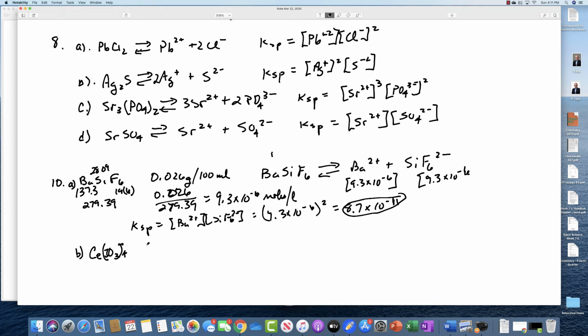And what that would do is break down to form Ce4+ and 4 IO3-, and the KSP is going to equal Ce4+ times IO3- to the 4th power.